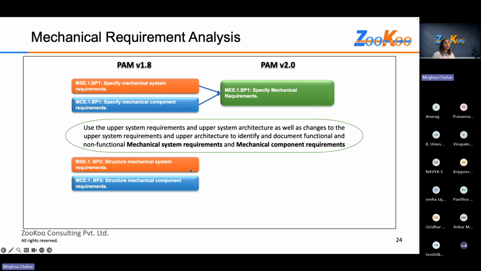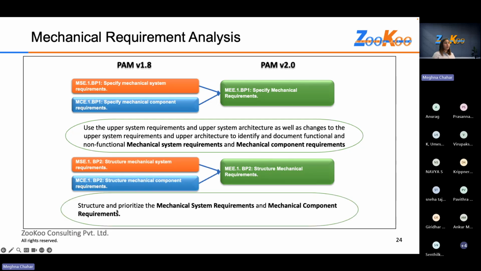Next, the base practice for structuring. This also, they have simply combined. Okay, we need to structure and prioritize mechanical system requirements as well as mechanical component requirements. Now, an example for structuring criteria can be grouping by functionality or by expressing your product variants.